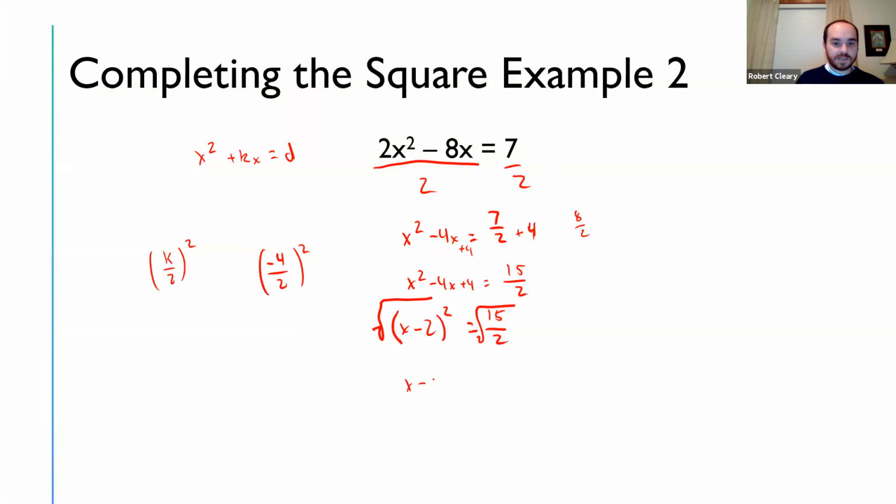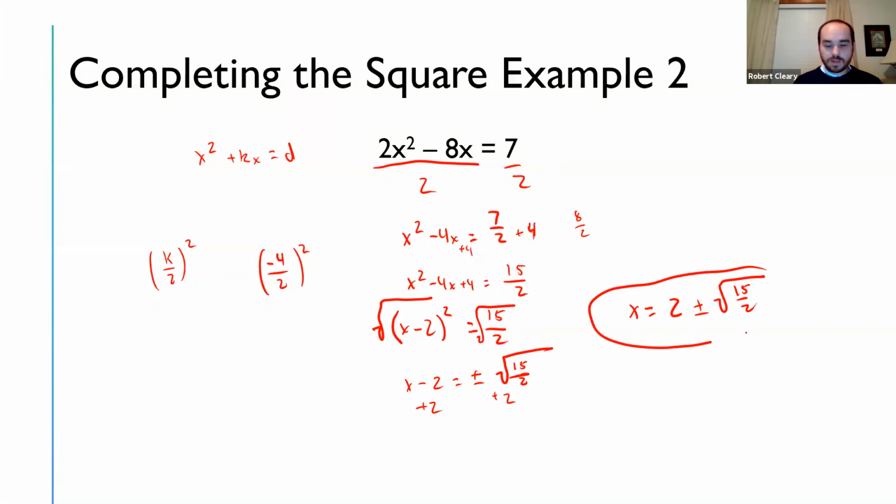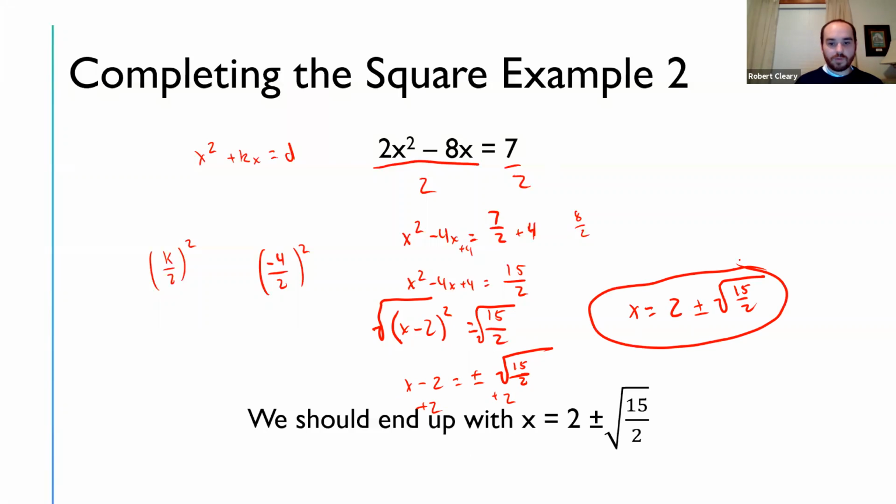So we have x minus 2 equals plus or minus the square root of 15 over 2. Then we can simplify this by adding 2 to both sides. X equals 2 plus or minus the square root of 15 over 2. And that'll be our answer to that.